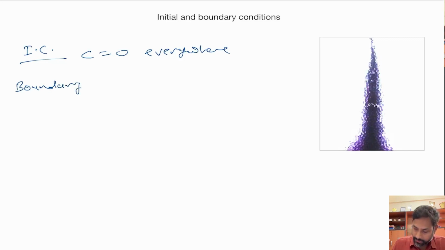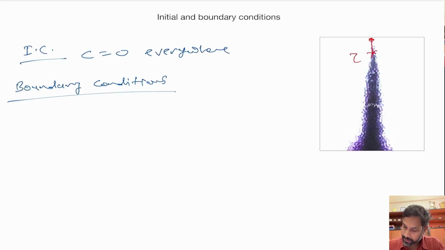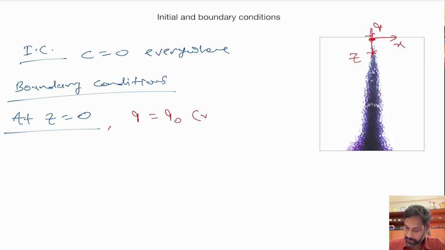Okay, so that is very straightforward, but then the boundary conditions say that, and we are defining this as z, this as x. So at z equal to 0, you have the volume flux q equal to q naught.